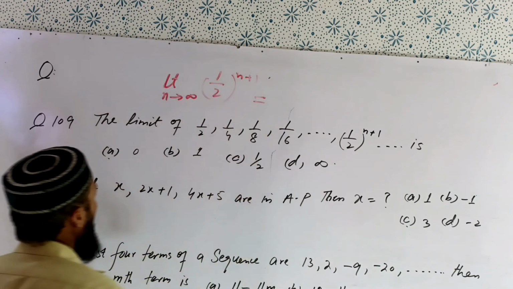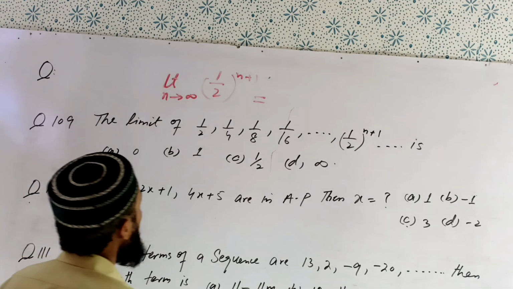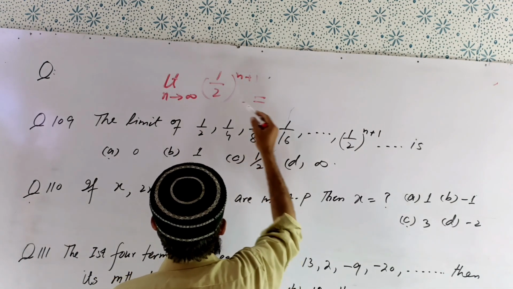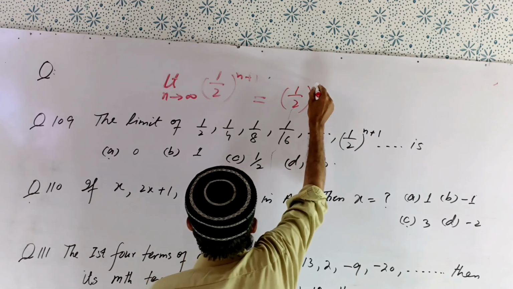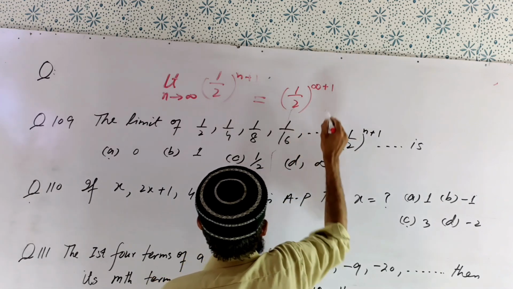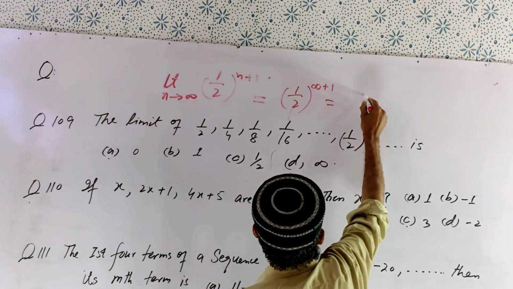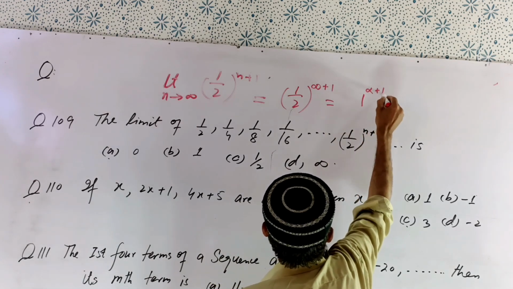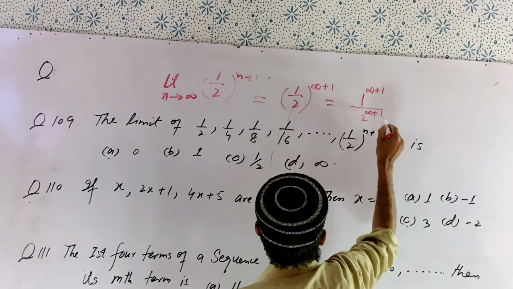So if we apply the limit here, 1 divided by 2 infinity plus 1. It means 1 divided by infinity plus 1, and 2 divided by infinity plus 1.